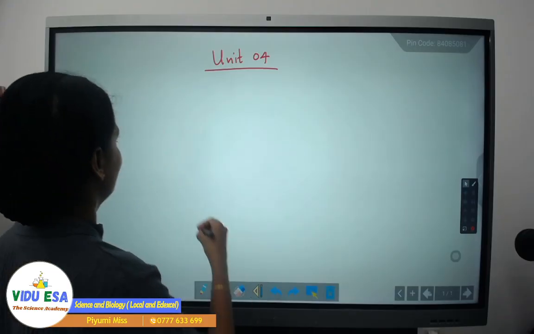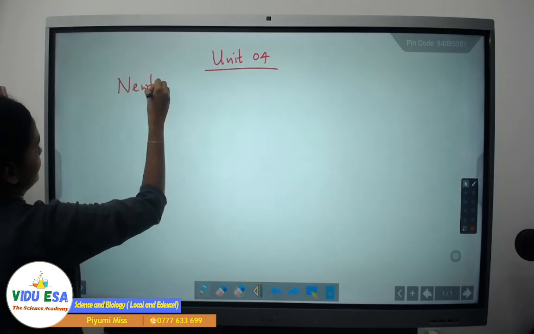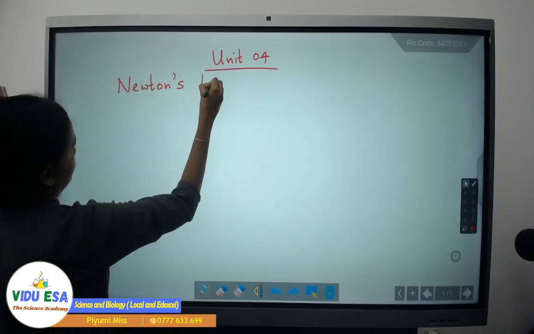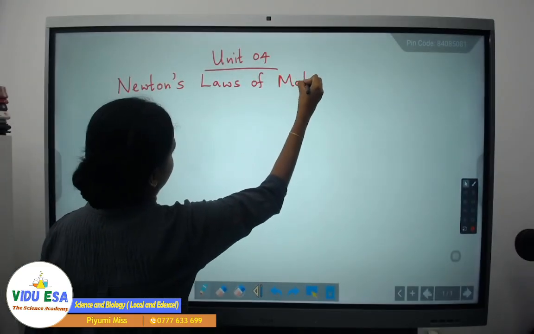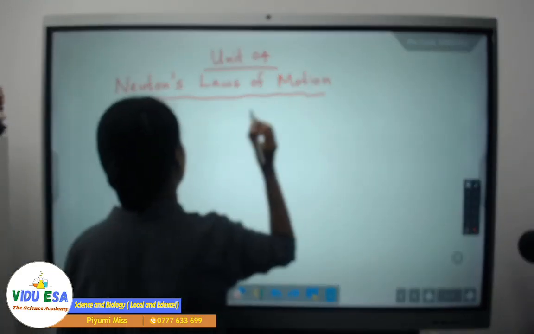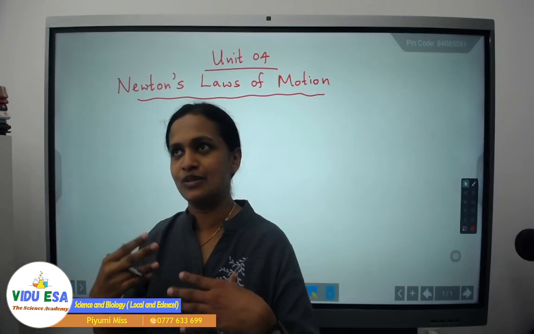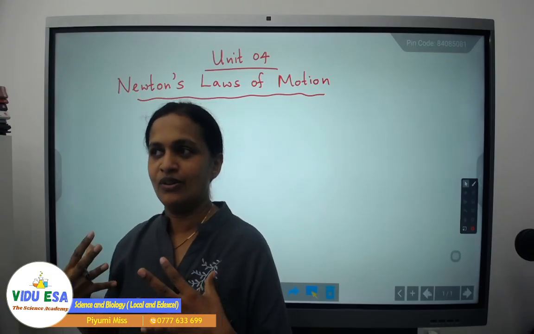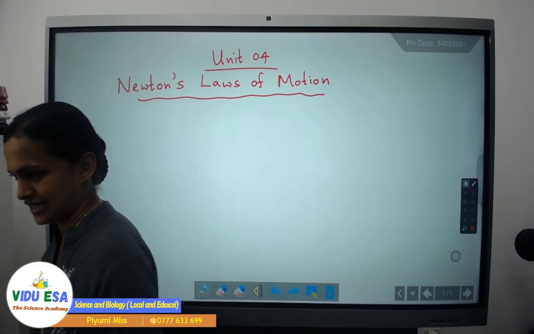So these are mentioned as Newton's laws of motion. Before we move on to these laws, I have to give you the background knowledge related to the terms force and also what is meant by an unbalanced force. We will learn these first.